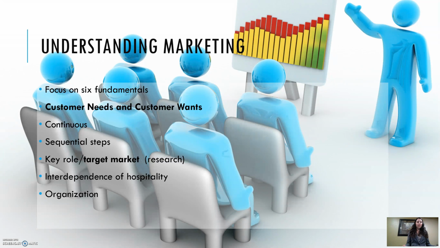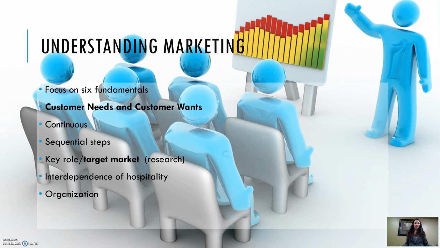Then number 2 is continuous nature of marketing, which means going above and beyond and not just stopping at one point. If our goal is to bring in 100 customers this month, then that's our goal for this month, but we can't stop there. We have to keep continuing marketing and continuously growing our marketing campaign to bring more customers in.